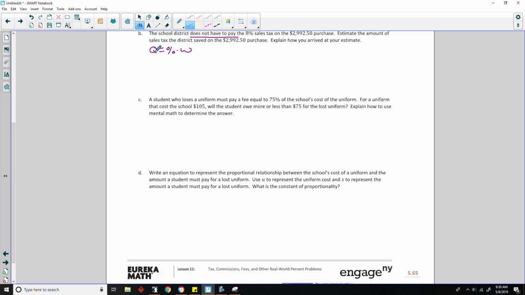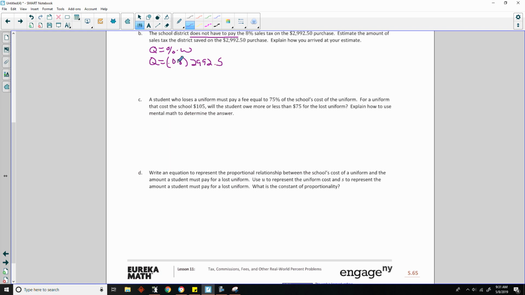And in this case, we want to know, well, this is a little bit deceiving in this case. We know that the whole in this case is our whole price we paid. And the quantity would be the whole price plus tax, if you think of it that way. So our quantity is going to be 8%, which is 0.08, times what the cost of the uniforms was, which is $2,992.50.